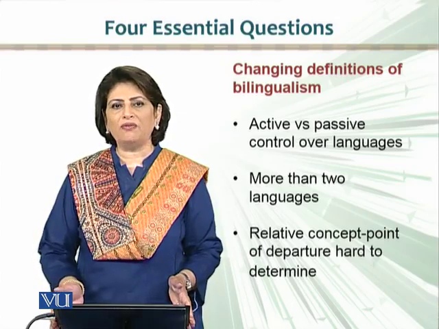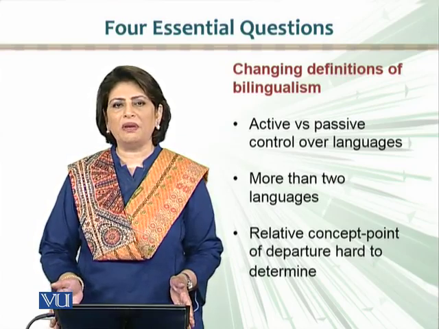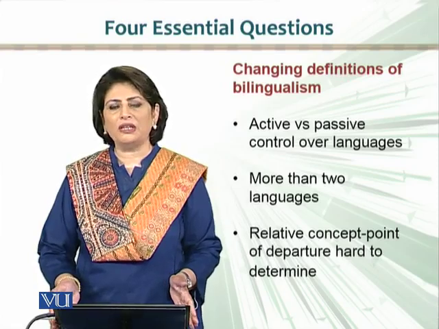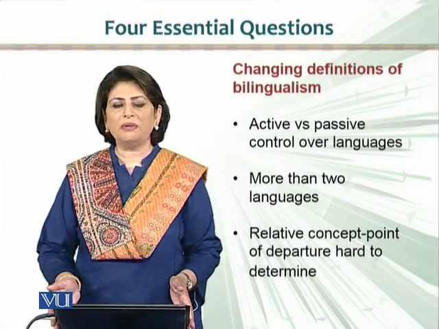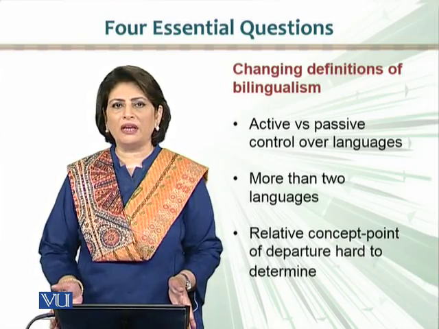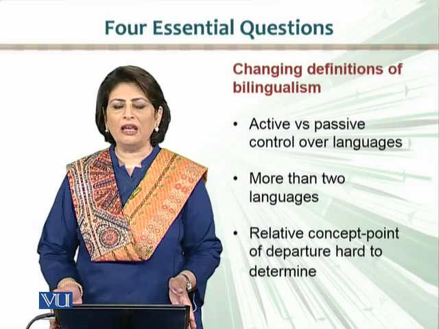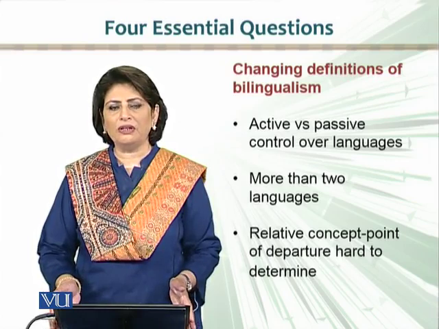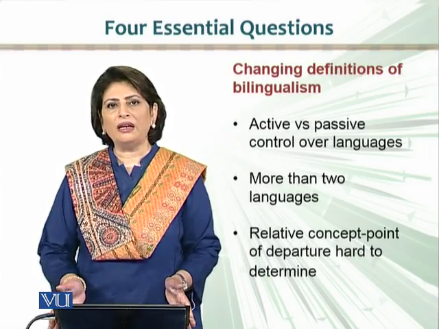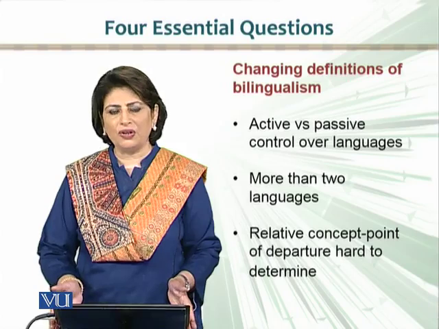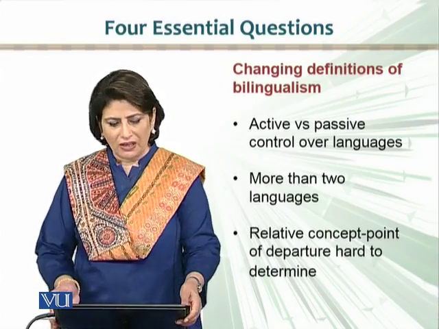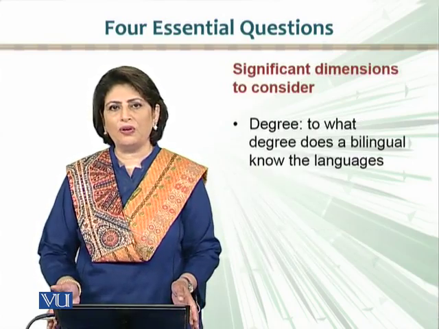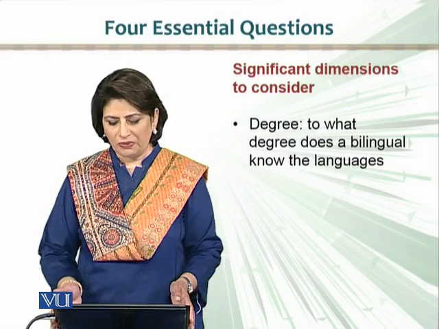That would mean that with the flux of time, a person might become more proficient in language B and less proficient in language A, although that person at another given time was more proficient in A and less proficient in B. That means bilingualism or bilinguality are in a constant change and a constant flux. In any case, for research purposes, to determine how these languages coexist becomes difficult.